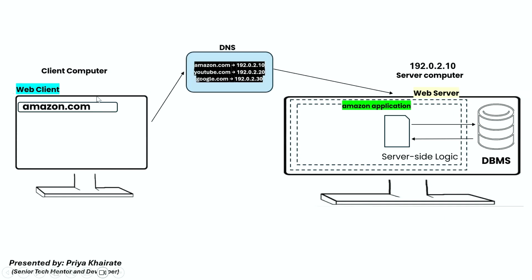Let's say if you searched for amazon.com/shirts, the server side will go to the database and fetch all the data related to only shirts. So that is how server-side logic works. It will go to the database, fetch only the required data and return it.